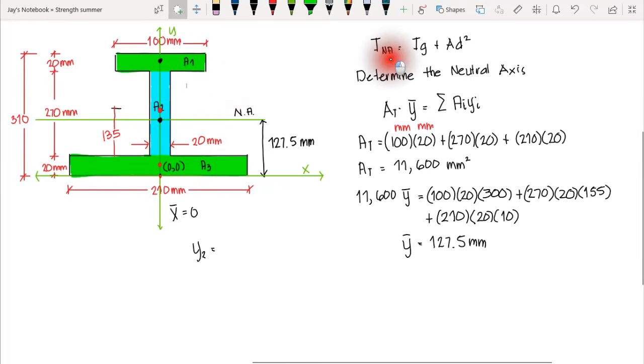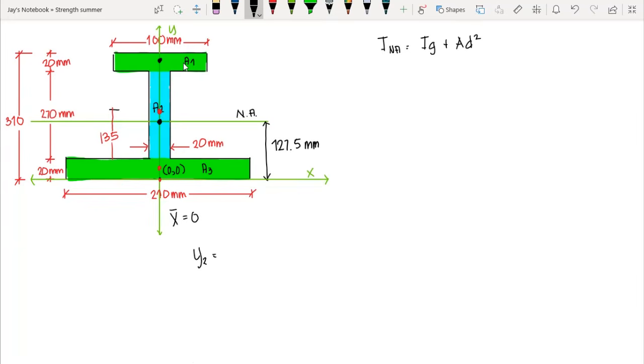And that we have the moment of inertia about the neutral axis is equal to the gross moment of inertia plus the area of that section times the distance of the centroid of that area to the neutral axis. And now let's start from section 1, this area here. So we need to use this formula, that is Ig plus AD squared. Let's say that is the transferred moment of inertia to the neutral axis from our section 1.